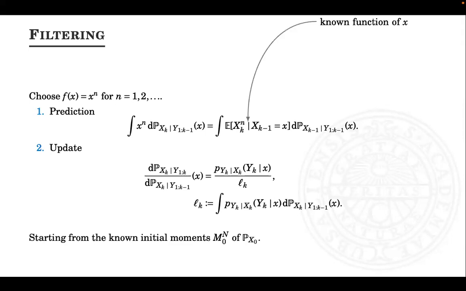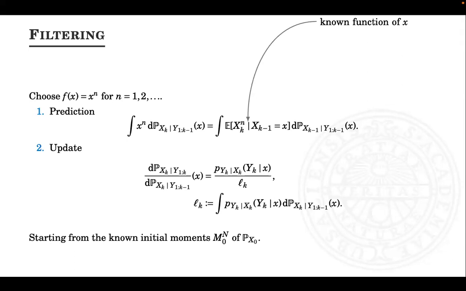For this function, the expectation of x_k to the power n, this conditional expectation, you can write down analytically for most models. Once you have a state space model, for example Gaussian or maybe some arbitrary distribution, it is easy to analytically write down this conditional expectation. For Gaussian, you can do it by Isserlis' theorem, or the so-called Wick theorem.